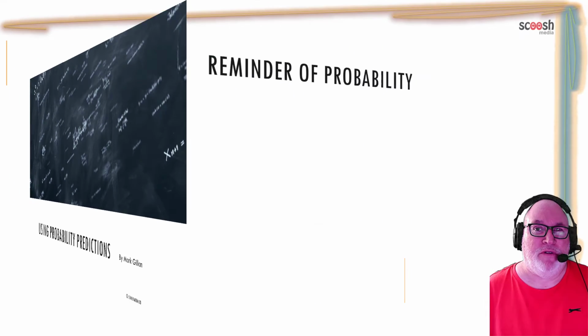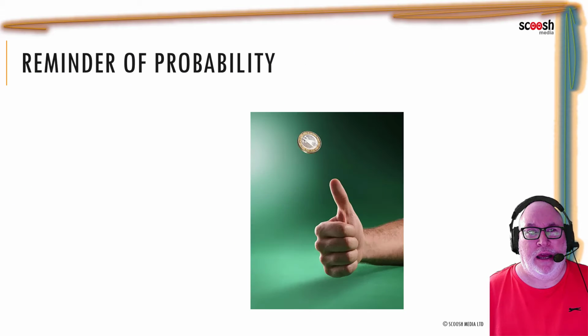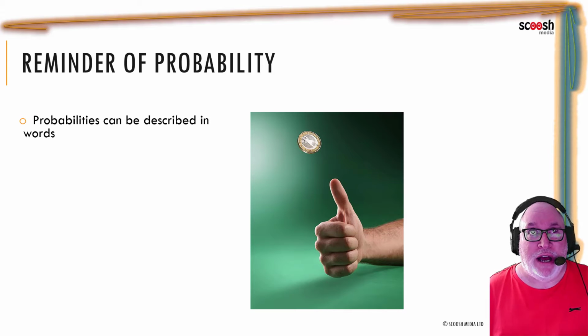So first of all, just a wee reminder of probability for you. So we're looking at the probabilities that can be described in words. So we have the no chance, we've got some chance, we've got evens, and then we're moving up towards the yes there is.